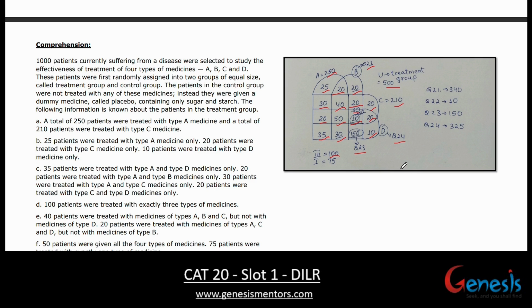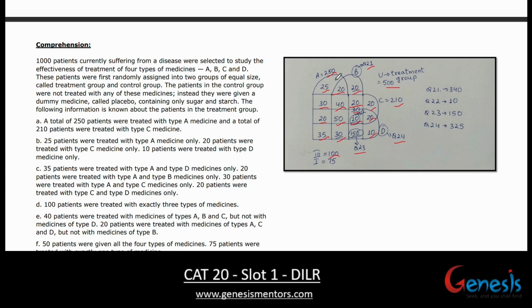Next, what else we can find out? All the values are done except this value, right? So this comes under the second region. The total is 500, right?